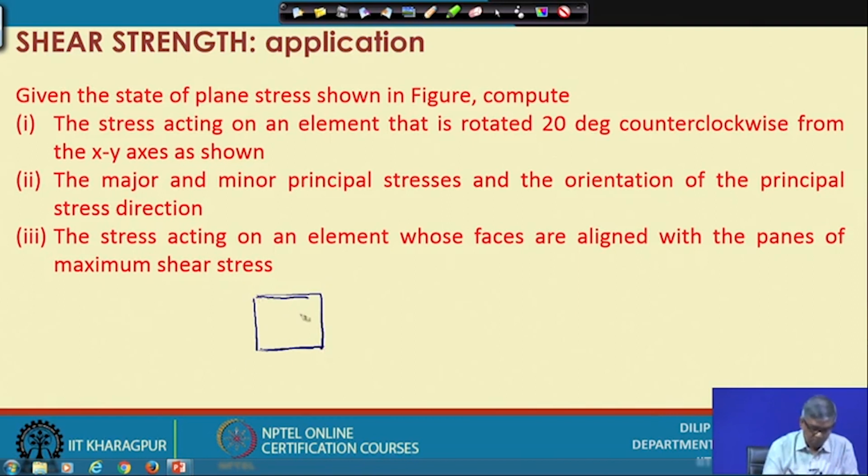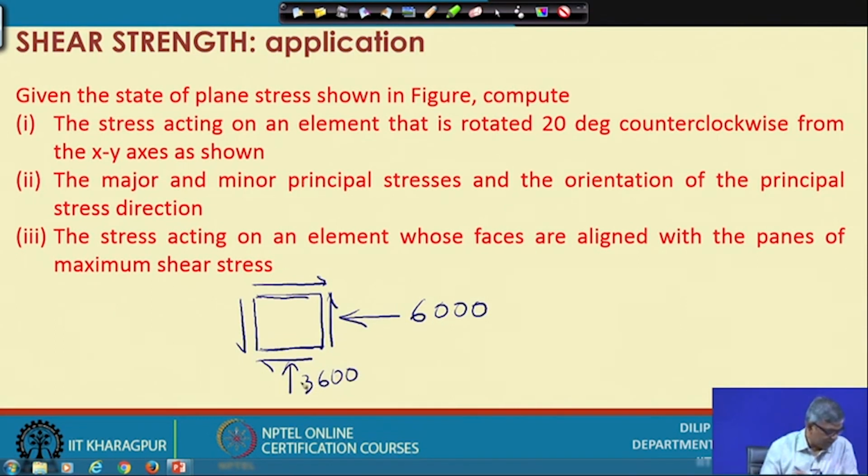Suppose your shear is this, shear is this, shear is this, shear is this, and then you have this is 6000 and this is 3600 and this is 800. They have the same unit, actually kPa. And of course, this is the state of stress.